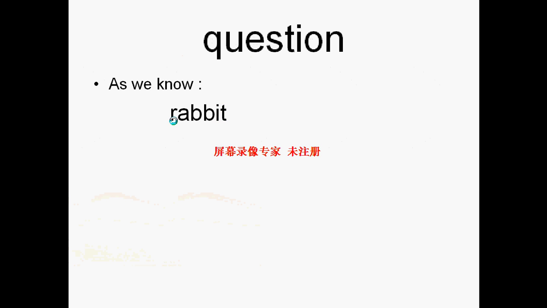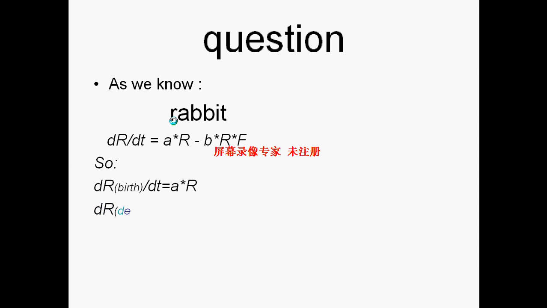As we all know, the rate of change of rabbits at time t is equal to a times r minus b times r times f. So the birth rate of rabbits at time t must be a times r, and the death rate of rabbits at time t must be b times r times f.